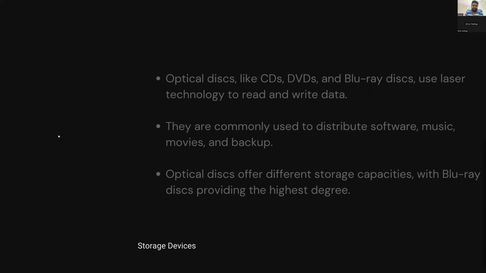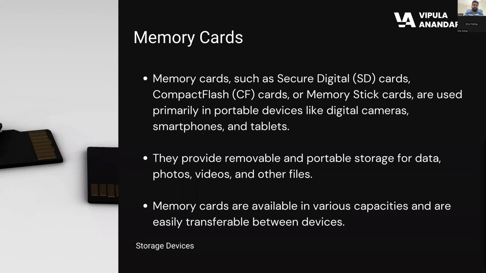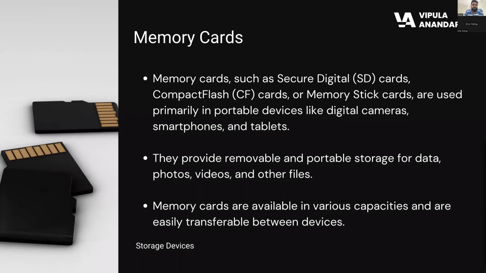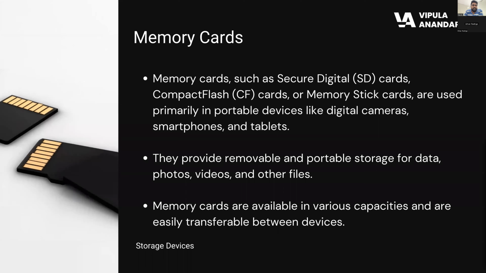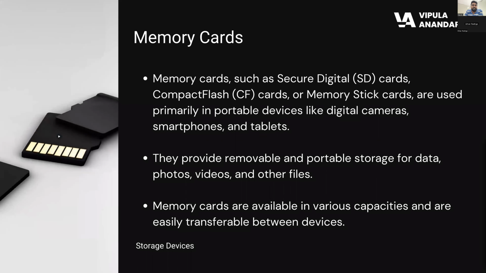Okay. So then we have the next category, memory cards. Memory cards, again, the architecture is similar to the SSD system, where it basically stores the data using the same flash architecture.